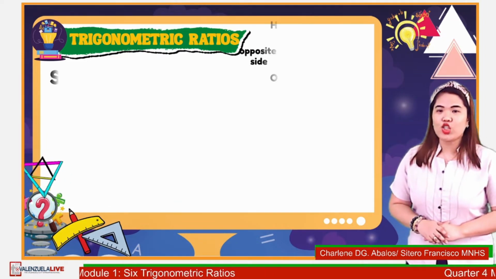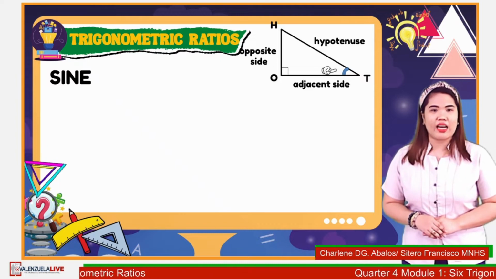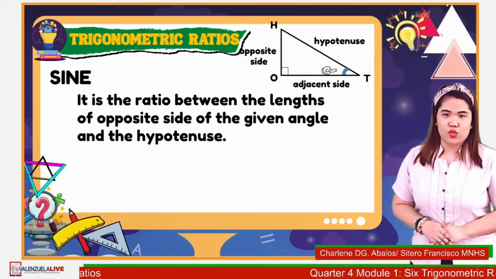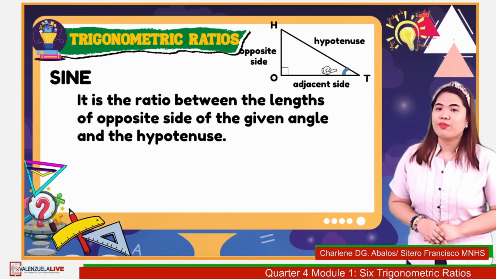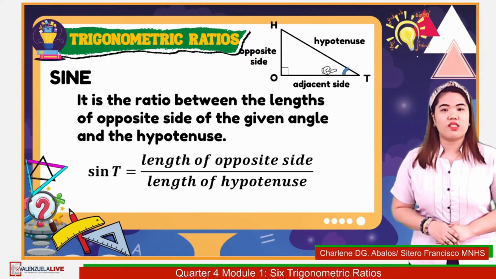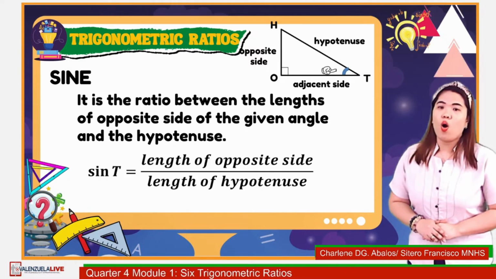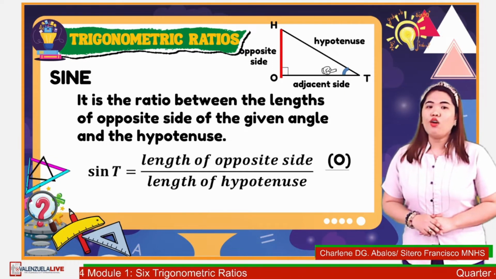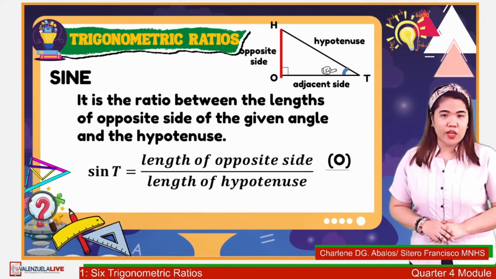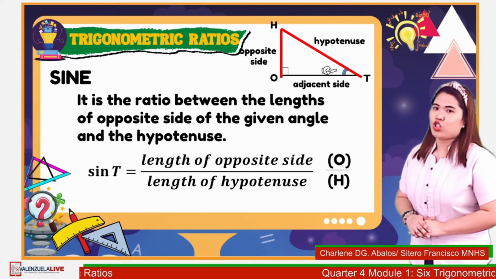It is the ratio between the lengths of the opposite side of the given angle and the hypotenuse. That's why we have sine T is equal to the length of the opposite side, which can be represented as O, over the length of the hypotenuse, which can be represented as H.